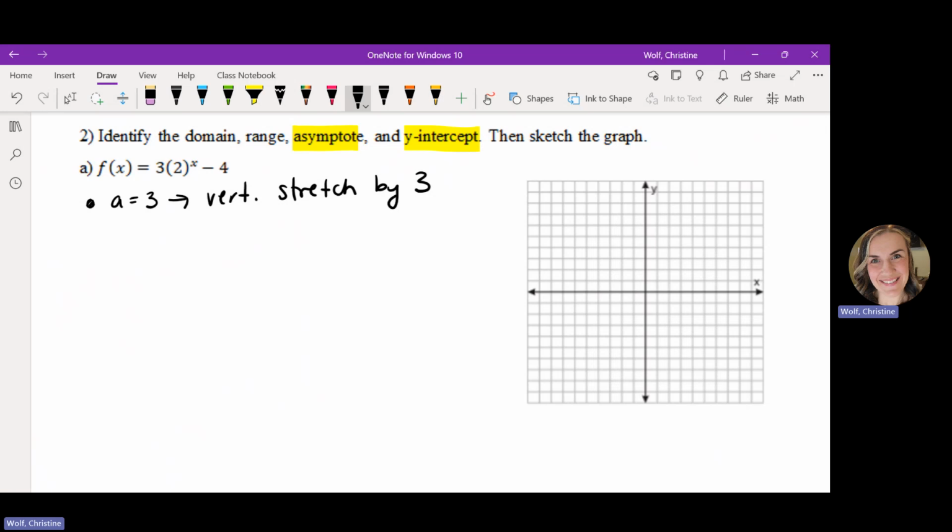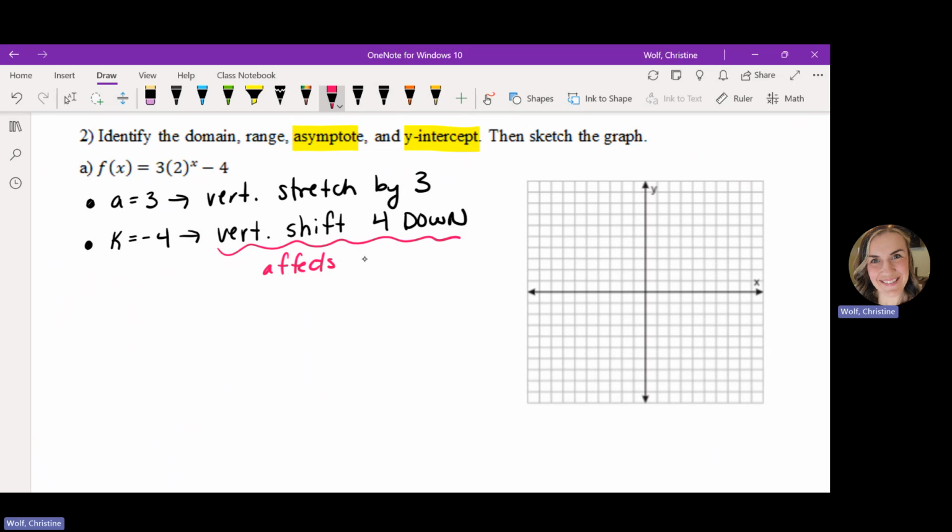That's still important. X is X. There's no B. There's no H involved with X. So the only other point I have is that K is -4. And that's very important because this will change your asymptote. Now I know I have a vertical shift 4 down, and this vertical shift 4 down affects your asymptote.